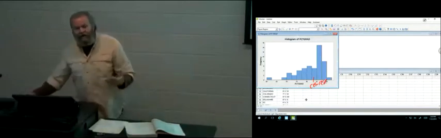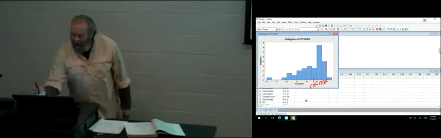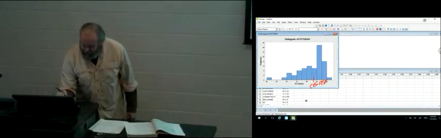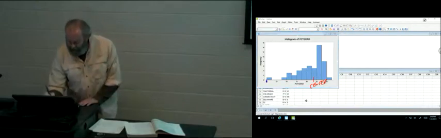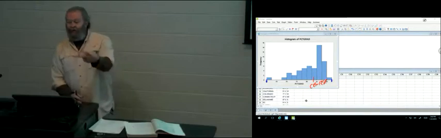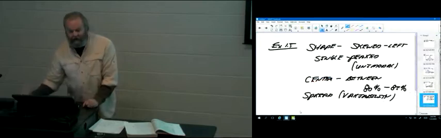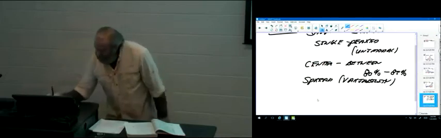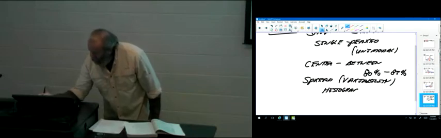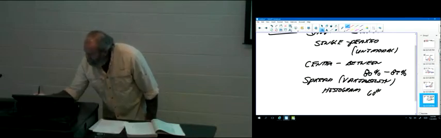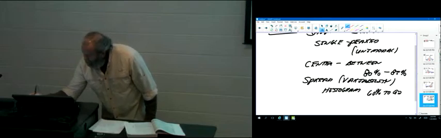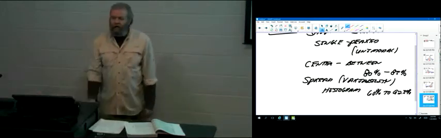So if I'm looking at your histogram, the best you're going to tell me is, what's the smallest possible? 60. What's the largest possible? That's 92.5. Remember, we went by 2.5. So if you're looking at the histogram, the best we're going to do is 60% to 92.5%. You're not going to know the exact value. It's just what's the smallest possible, what's the largest possible there.